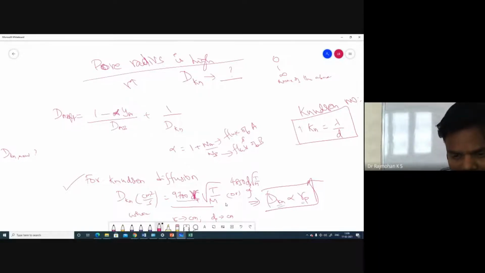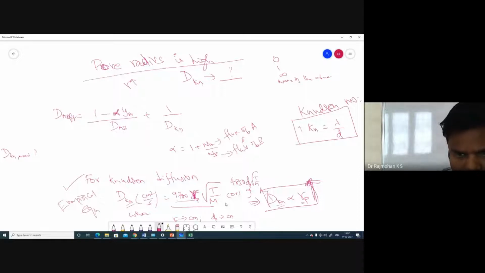As it increases, it will also increase, sir. No, you see here, DKn is given by this empirical equation I have given you. From this only I am asking. DKn is directly proportional to rp. As this is increasing, this will increase or not? It will increase, sir.